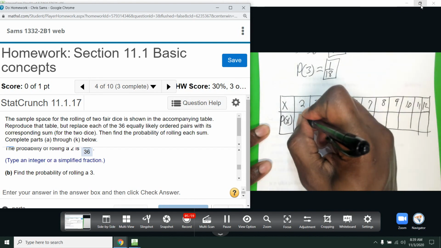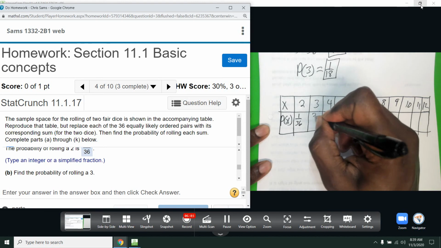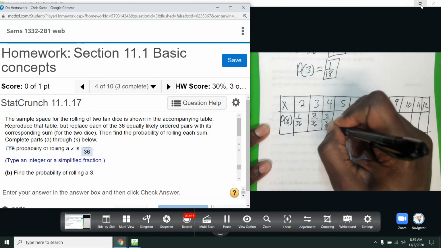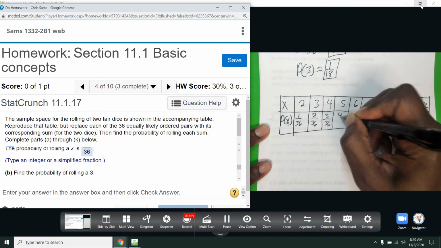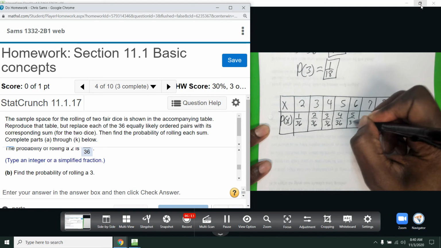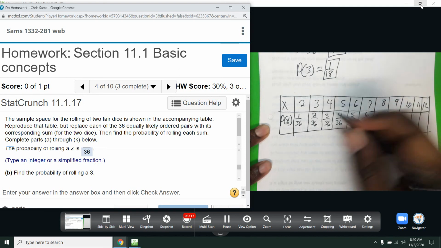There's a pattern. There was 1 out of 36, then 2 out of 36, 3 out of 36, then 4, 5 out of 36, 6 out of 36, and once you get there, it starts going back down.